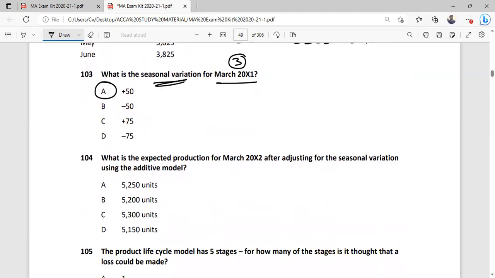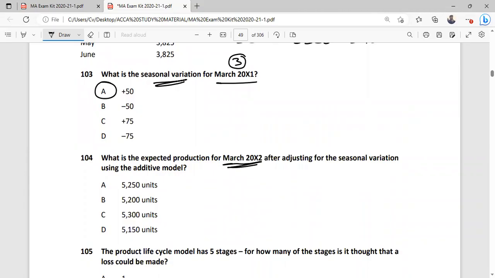What is the expected production for March 20x2? So this year March 20x1 has a number 3. Then April will have 4, May will have 5, June will have 6, December will have 12.